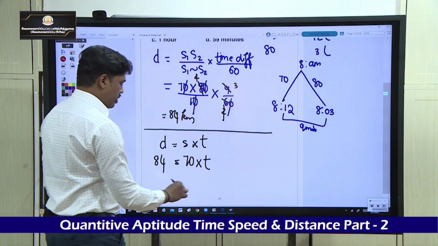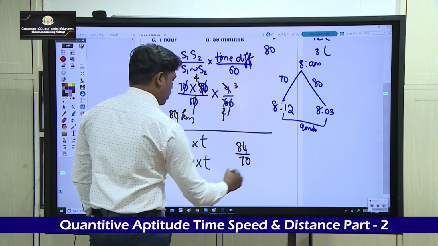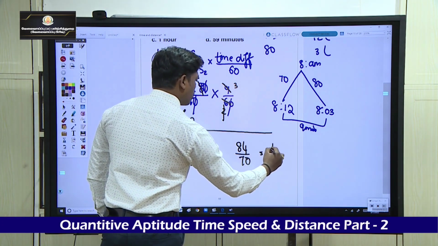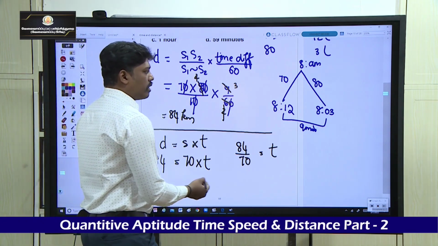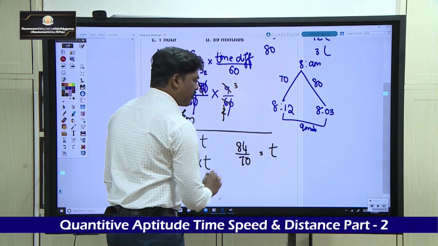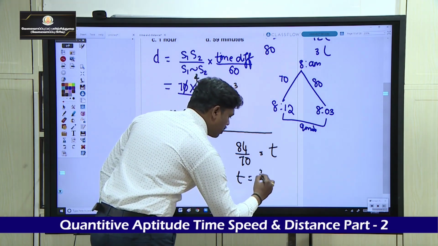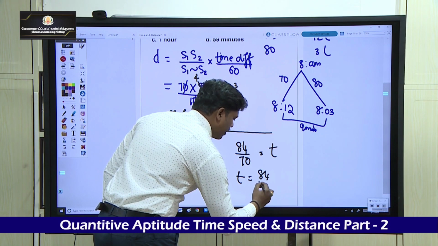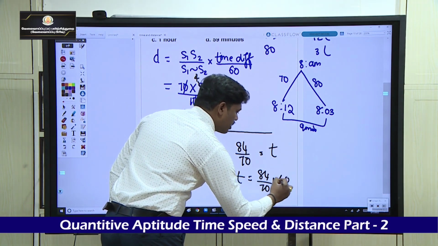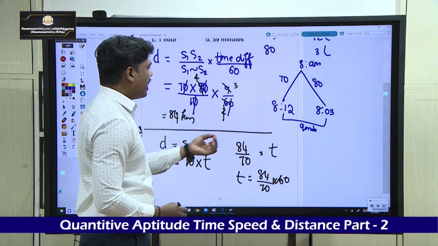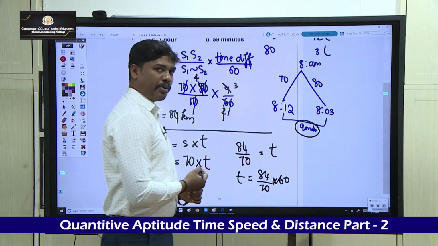So, it would be like 84 divided by 70, that would be the time. So, time in terms of minutes, so time is equal to 84 divided by 70 into 60. Why? Because the time difference we are having in terms of minutes, so just take into minutes.